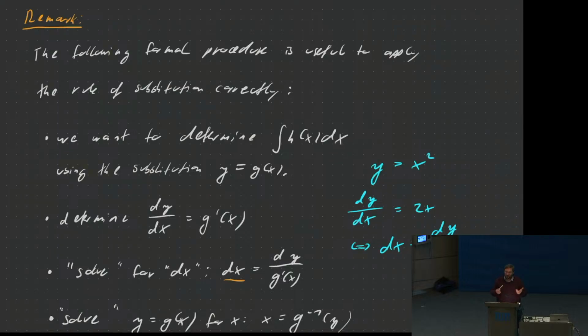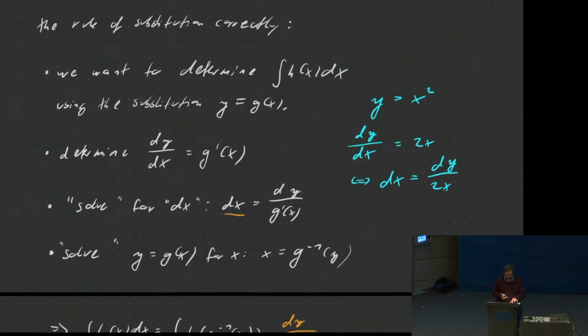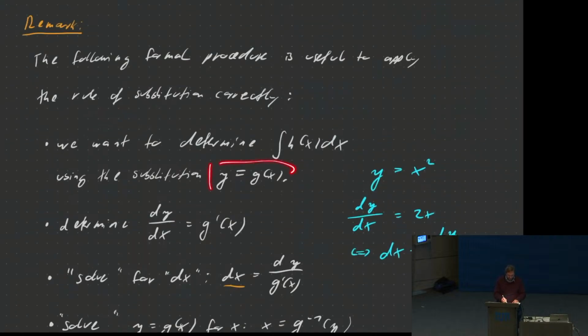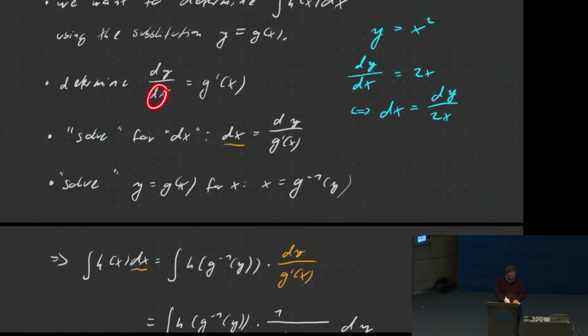And hopefully that now looks easier than before, and I will be able to integrate it. So that's the formalism. Write down your substitution, differentiate that substitution with respect to x, solve for dx, and then just replace the dx in the integral by whatever you get here. Make sure your new integral contains only one variable, and then go on with the integration.